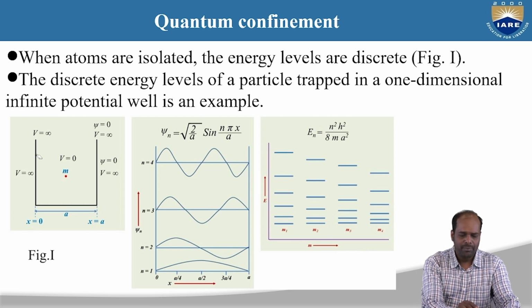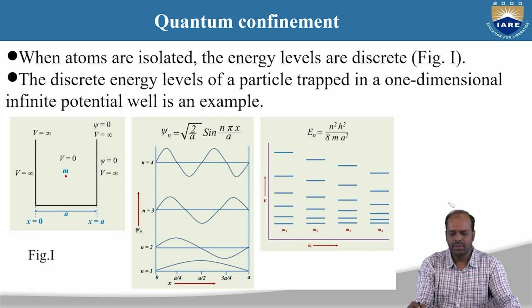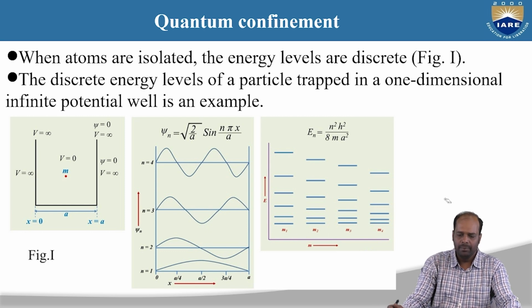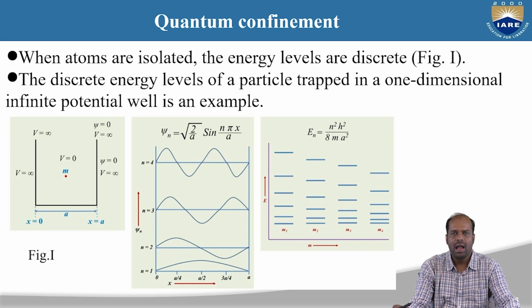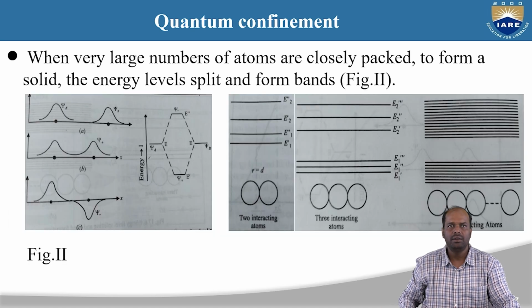Here is the one-dimensional infinite potential well, where the energy levels like E1, E2, E3, E4 are represented. One side is energy, and on the other side we are representing the mass. This is the quantum confinement.